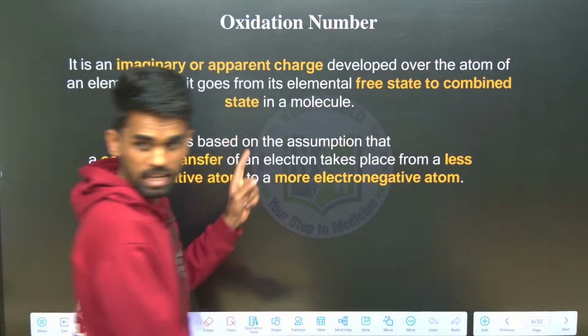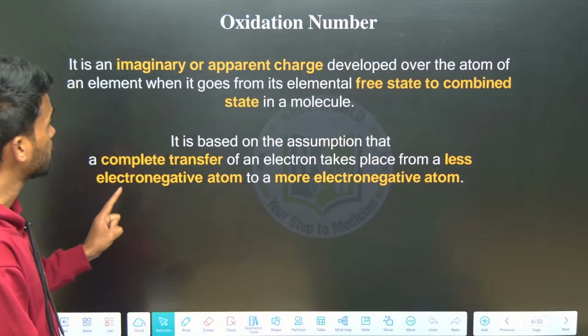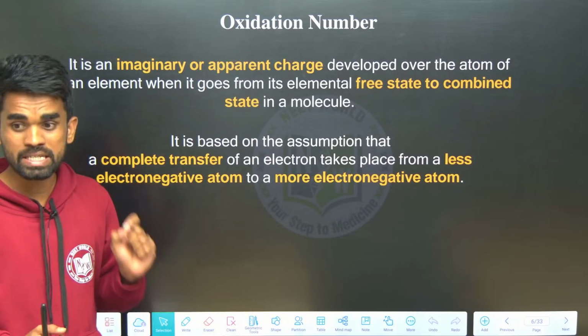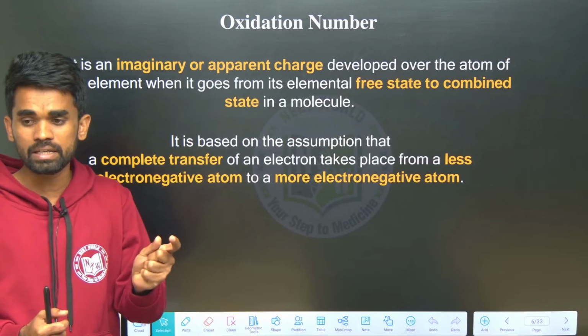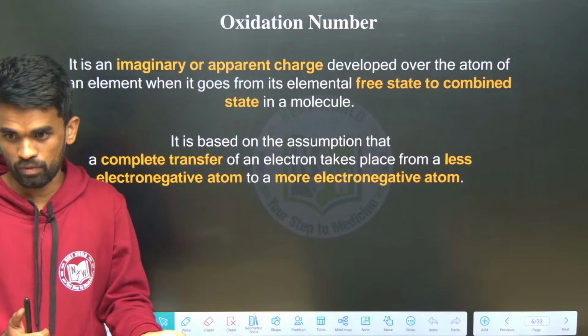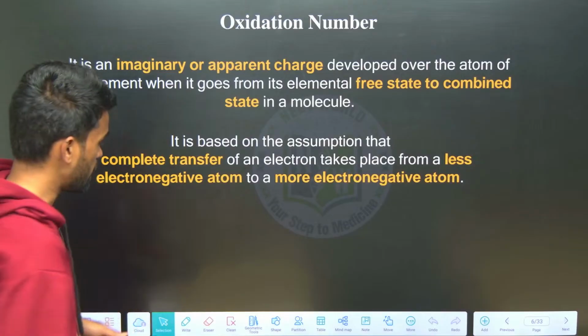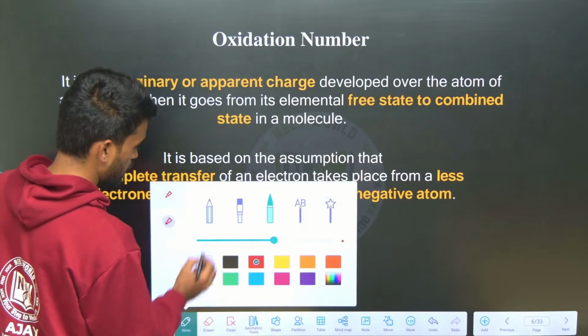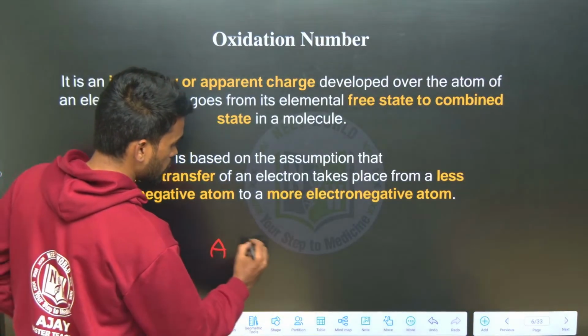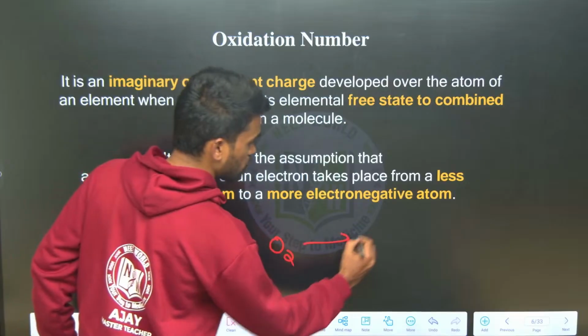So the definition is clear now. So what is the definition again? It is an imaginary charge present in an element, in a compound, when it is in the combined form or in its free state. For example, I have an element A, upon treating with oxygen converting into AO2 form.